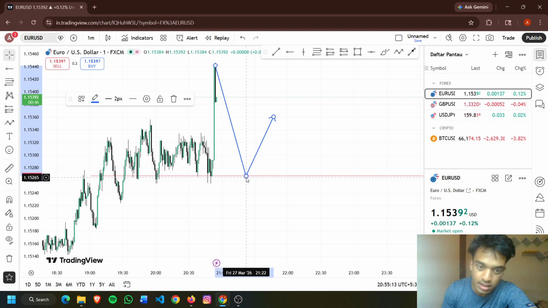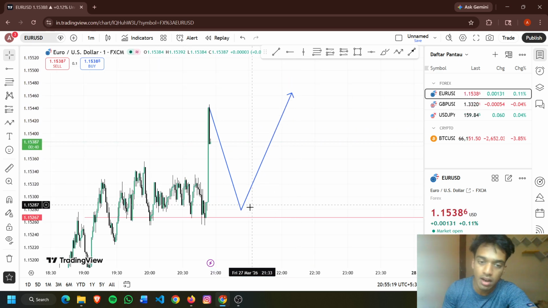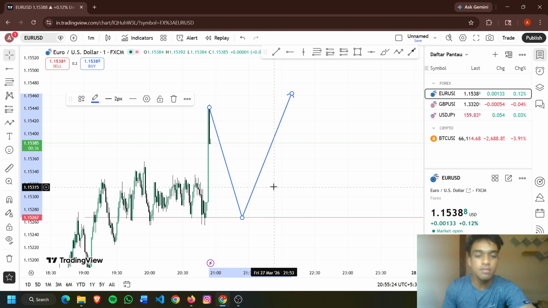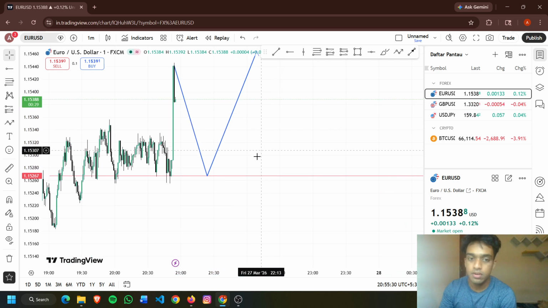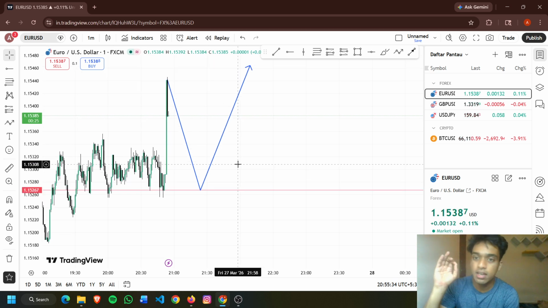If it doesn't touch there, you won't enter the market. It might go up directly without touching here, and you won't enter unless it comes and touches here. It won't get executed. So this is called a buy limit order, and it is a pending order. Just note it down: buy limit order and sell limit order.